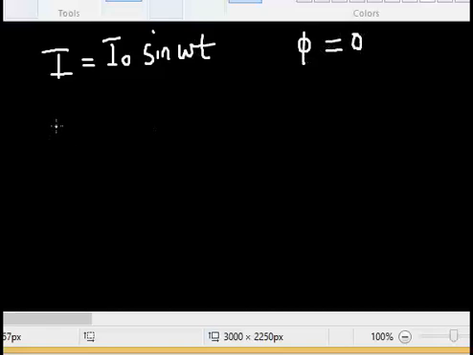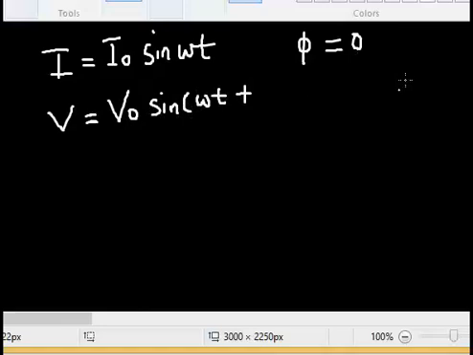Now, because the voltage is leading the current by 90 degrees, the voltage is going to be written with a phase angle: V0 sine omega t, then plus the phase angle, because the phase angle for this is 90 degrees.